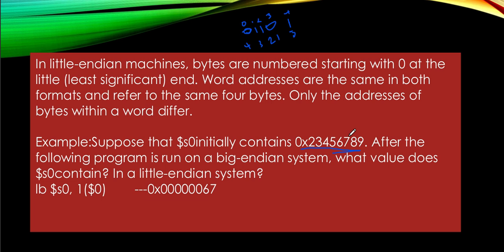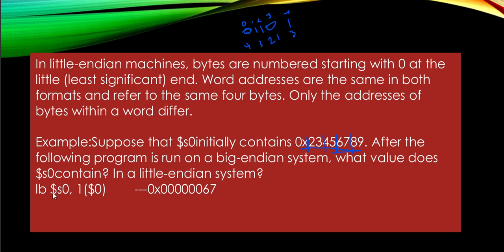Now, usually the simplest thing you can do is just divide it into groups of bytes. This is hexadecimal, so every one of the numbers is a byte. Now, after the following is run on a big-endian system, what value does $S0 contain?